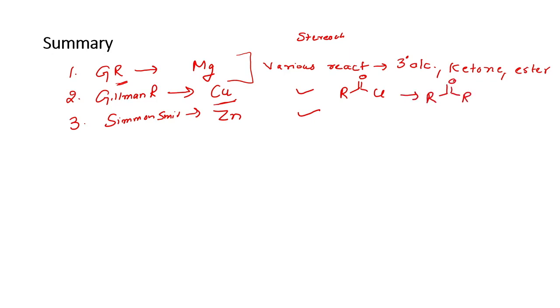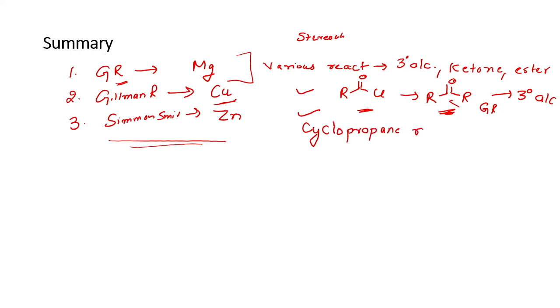But your Grignard reagent, when it reacts with acyl chloride, will give you ketone first, then another Grignard reagent will react and give you tertiary alcohol. And yes, Simmons-Smith reagent is for cyclopropane ring formation. So wherever it sees a double bond, it will give you a cyclopropyl product there.